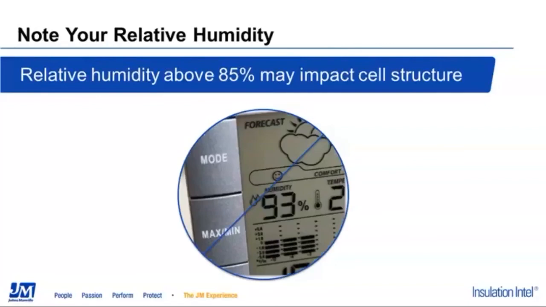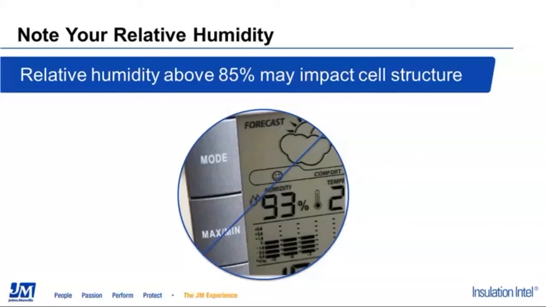The other issue could be with relative humidity. So when we look at relative humidity, we know that we don't want moisture in the air, and we know that moisture impacts cell structure. If that humidity is above 85% and that spray has to travel from the gun to the substrate, that might be 24, 30 inches, whatever the case may be, during that travel time, we don't want enough moisture in the air that it's interfering with the intended formation of polyurethane on the substrate.